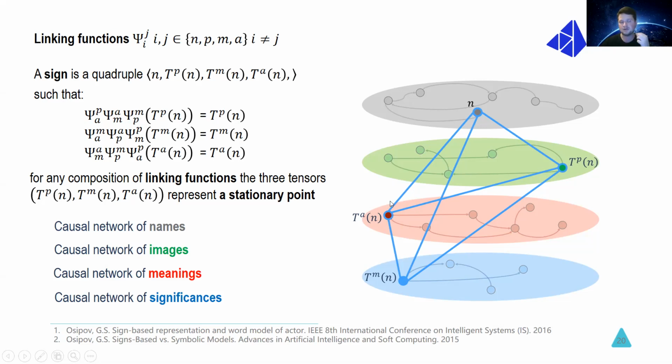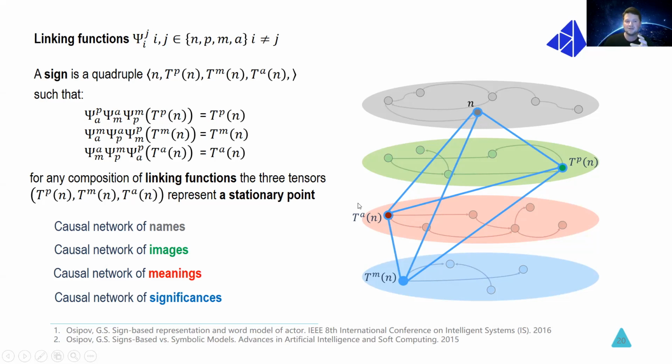And then we assign a tuple of four components: name, and corresponding causal tensors for images, meanings, and significances. And such that if we apply a combination of linking functions, starting maybe from this tensor, we end up in the same tensor.